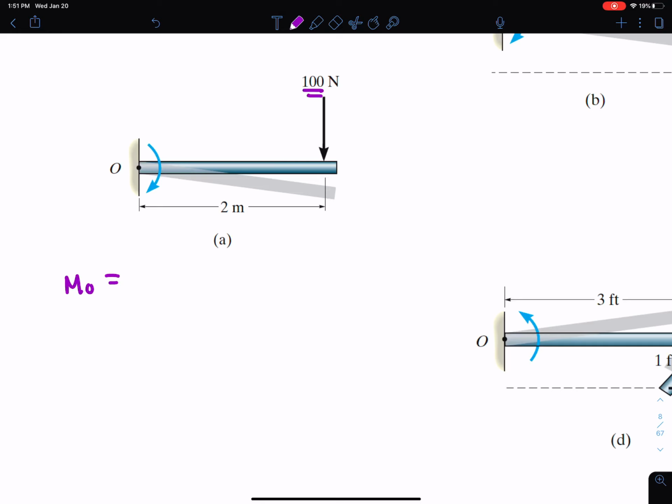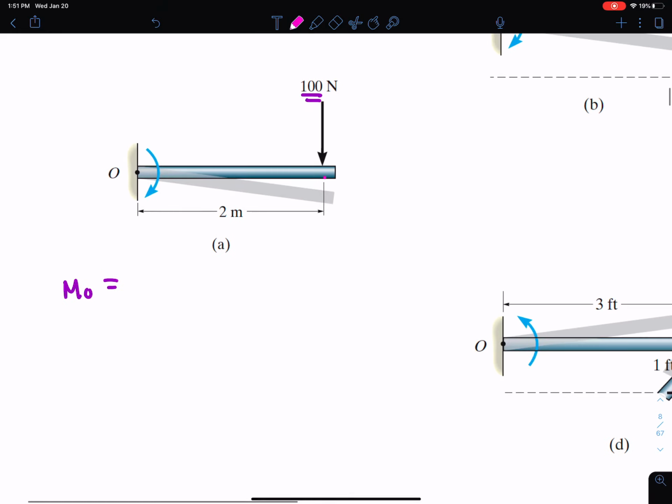If I'm pushing down, does everybody agree that this 100 Newton force around point O is causing a rotation in this direction? Okay, that direction around point O, that is a clockwise rotation. It is causing a clockwise rotation.